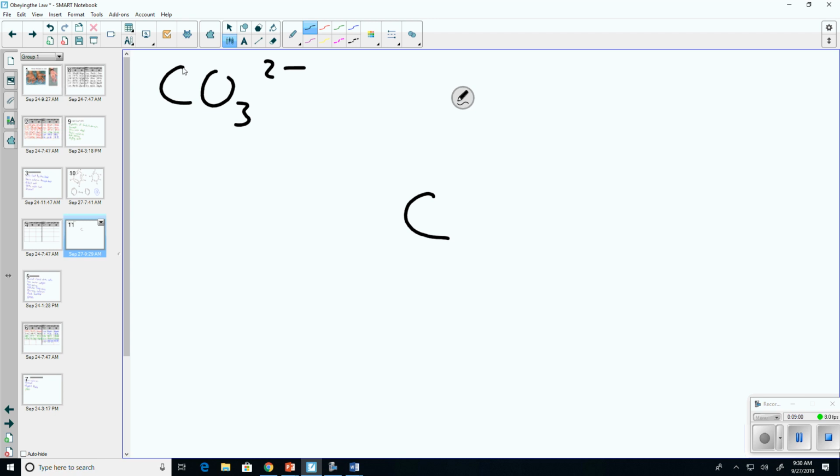I'm going to speed up this process just a bit. I'm going to make a single bond to each oxygen right away. Now, if I single bond to oxygen, oxygen still has 1, 2, 3, 4, 5 electrons around it. So, this is my starting point.